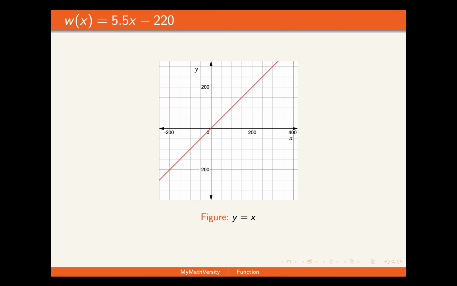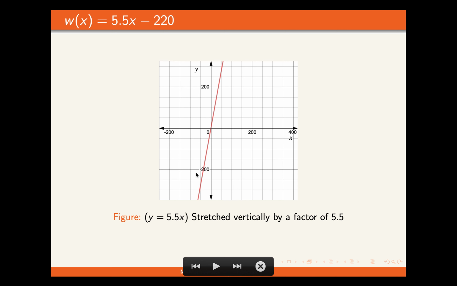Now we have to multiply x by 5.5, which means we need to stretch vertically by a factor of 5.5. So this is the graph of the function 5.5x, obtained by vertically stretching the identity function by a factor of 5.5.